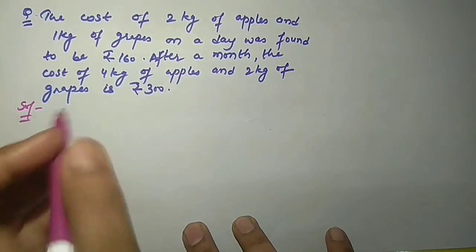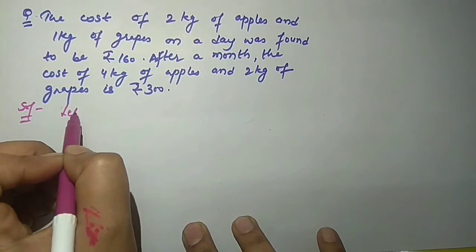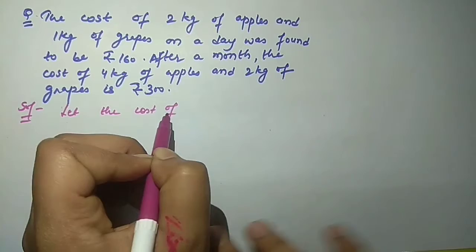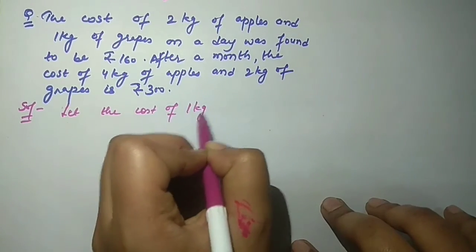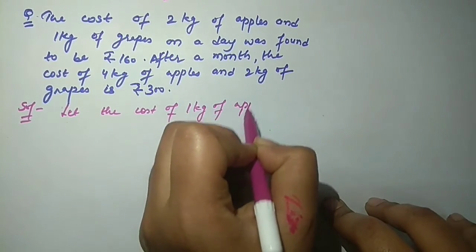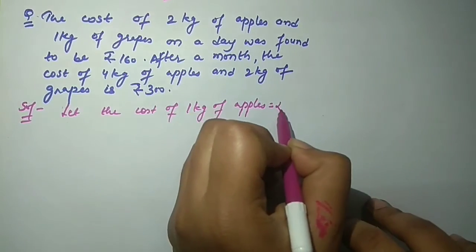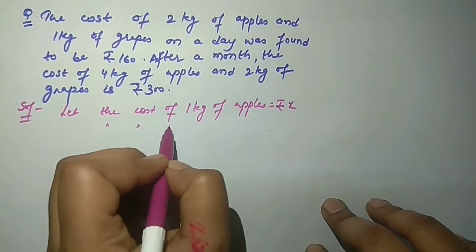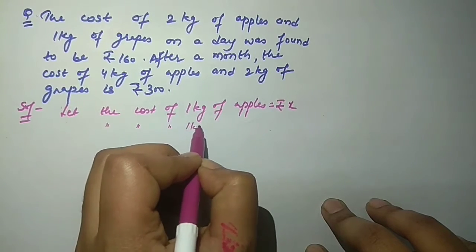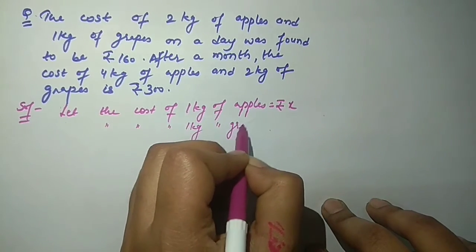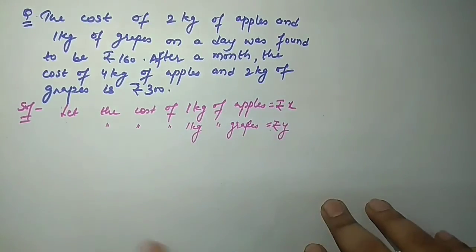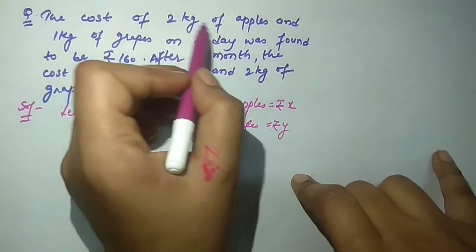So let the cost of 1 kg of apples be rupees x. Similarly, the cost of 1 kg of grapes is rupees y. Now, we are given 2 kg of apples.